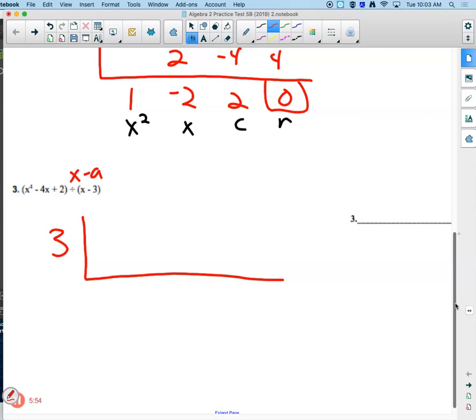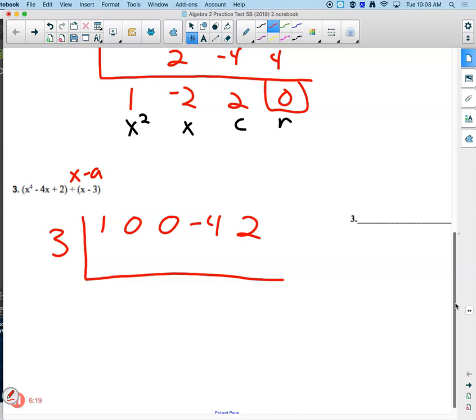And do you notice anything fishy about this one? You do need zeros, yeah. It's in standard form, but we're missing x to the third and x squared. So 1x to the fourth, 0x to the third, 0x squared, negative 4x, and 2.